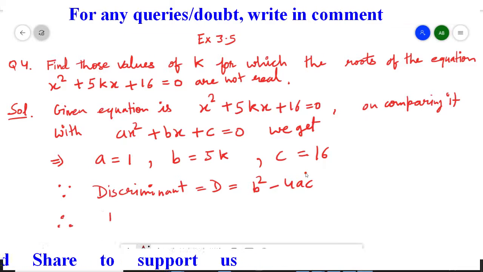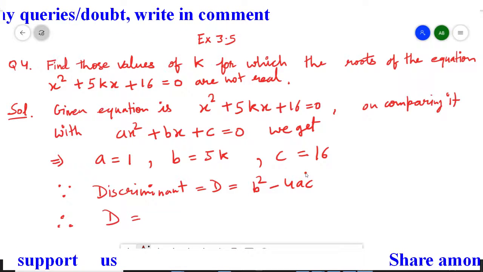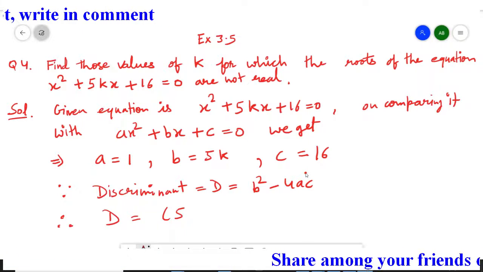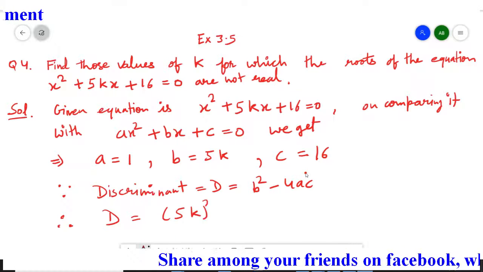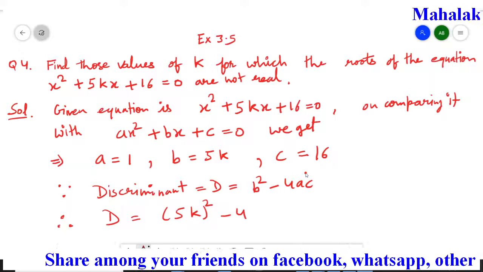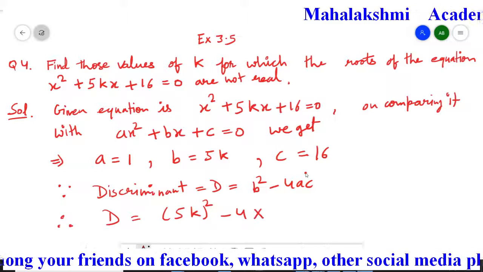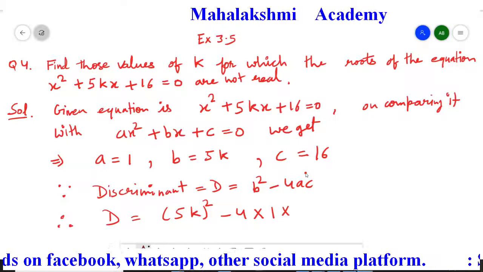So for this equation, we calculate b square, which means 5k square, minus 4 multiplied by a, then multiplied by c's value.